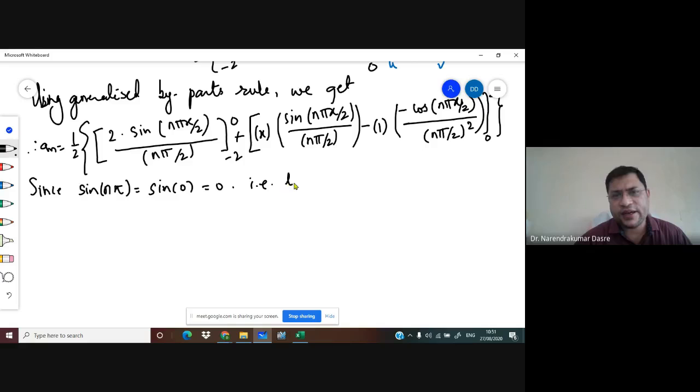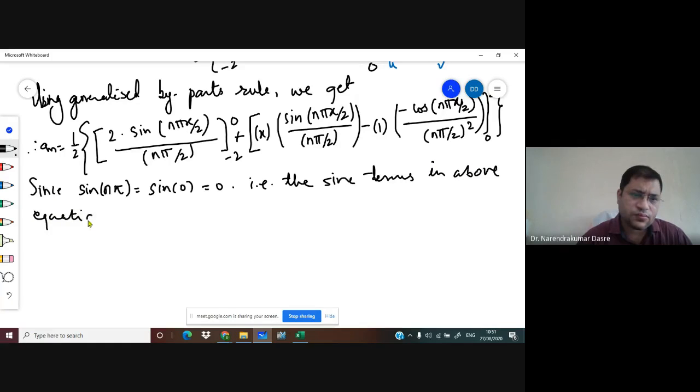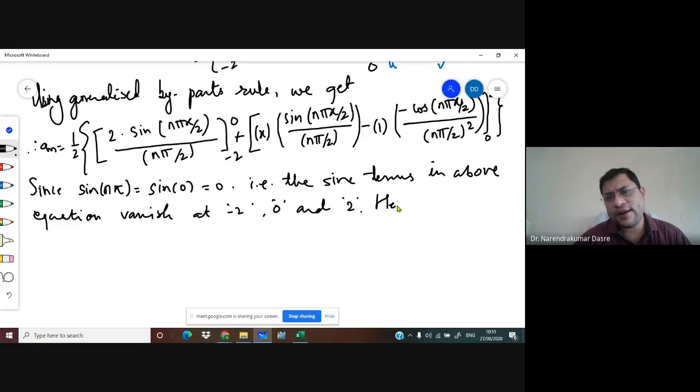So what we say is that the sine terms in the above equation vanish at minus 2, 0, and hence we have an is equal to half of, this term is going to be 0 at both the times, this term is going to be 0 at both the times, and hence this minus minus will become plus.